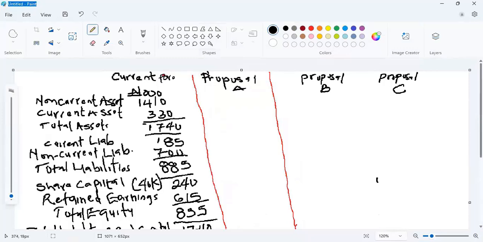Non-current assets is given to us to be 1,410 million. It's in million.